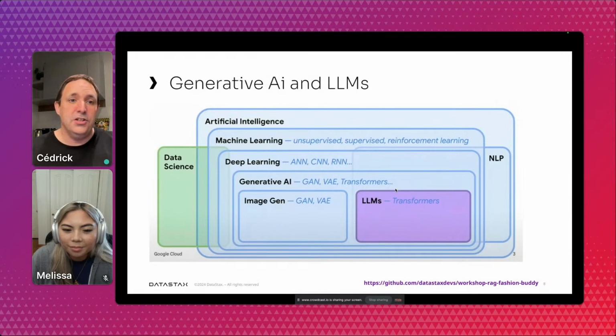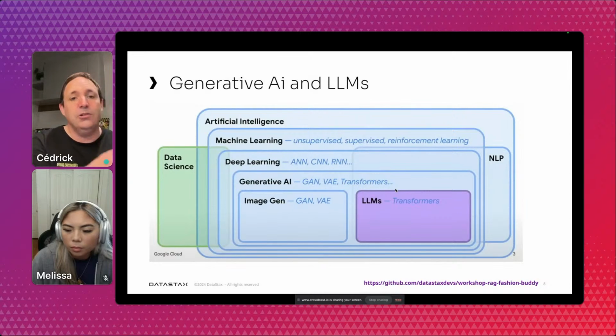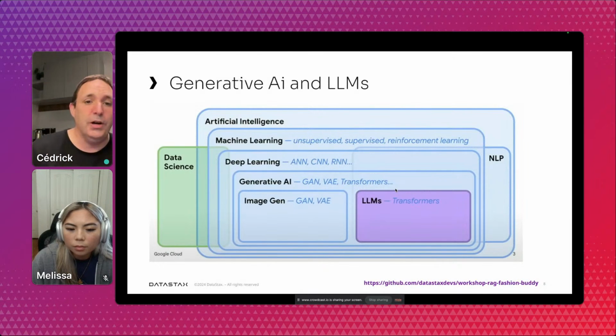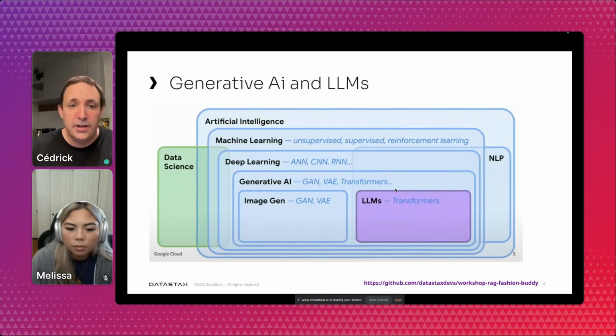So artificial intelligence is the wider spectrum where you get machine learning with supervised and unsupervised algorithms. Then deep learning, where you have neural networks, and generative AI, which is again just a little piece of this, leveraging those neural networks to produce content.